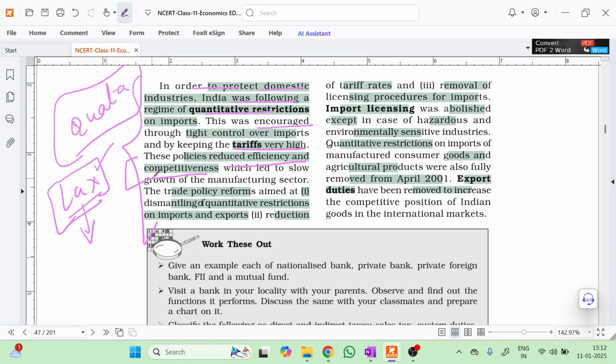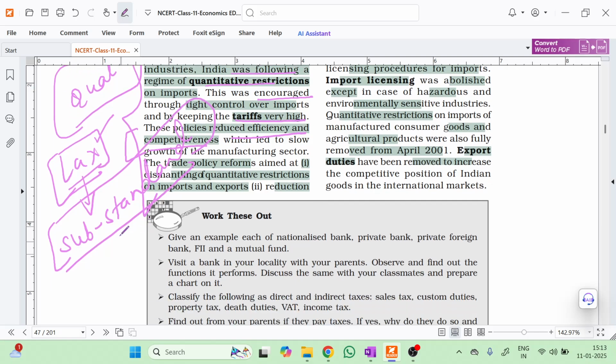And Indian industrialists or Indian producers started producing substandard goods. और वो किस लिए? क्योंकि उनको पता है their products will be bought by domestic consumers. And why is that so?